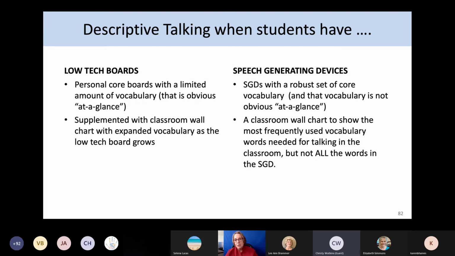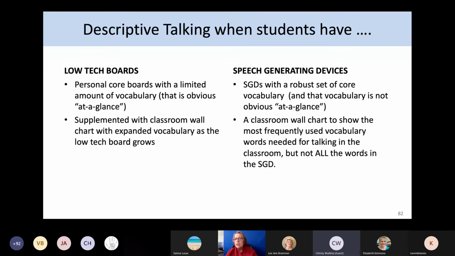Kids, when they have speech generating devices, none of that vocabulary is available at a glance. If you're going to do descriptive teaching and talking with teachers, you have to give them a wall chart. They don't know what's in that device. They're not confident and they don't have the time to spend a week learning it all, especially those general education teachers.